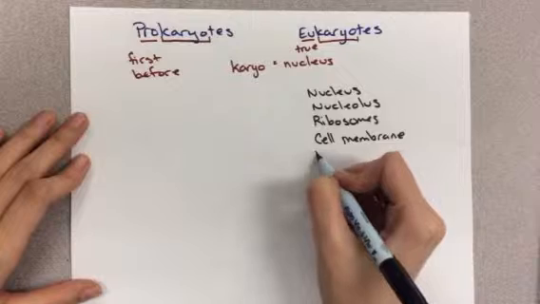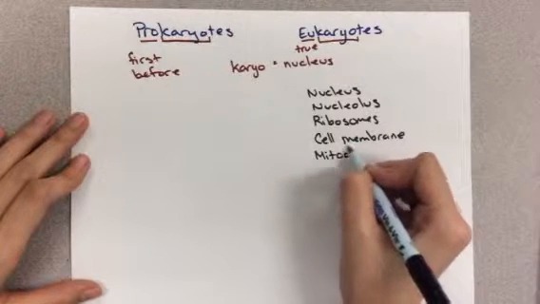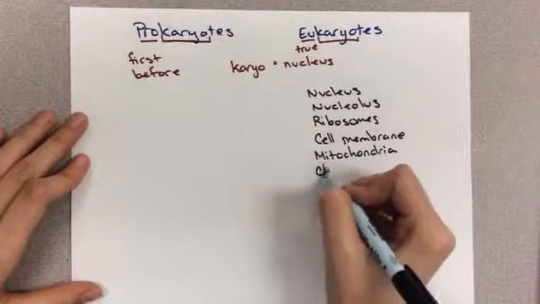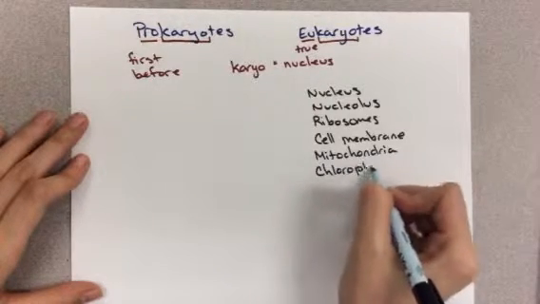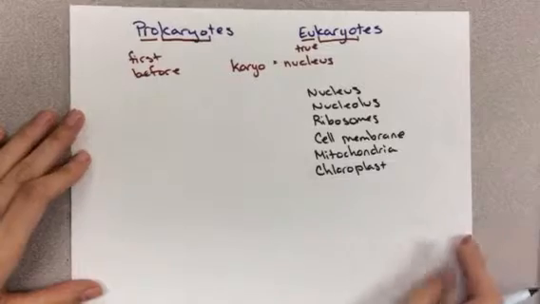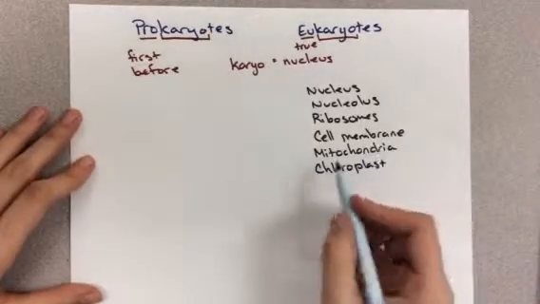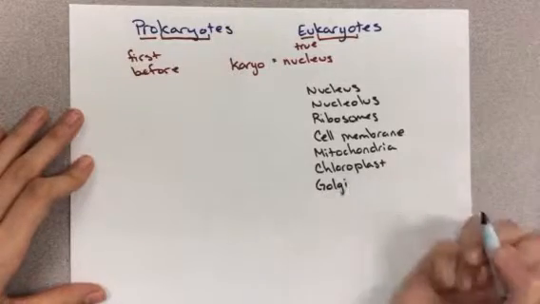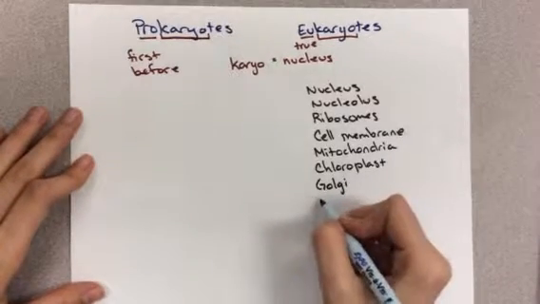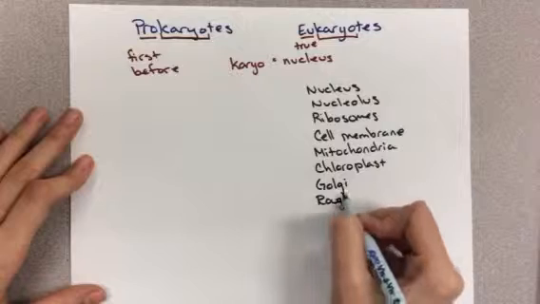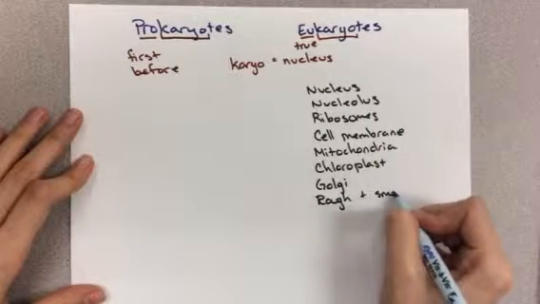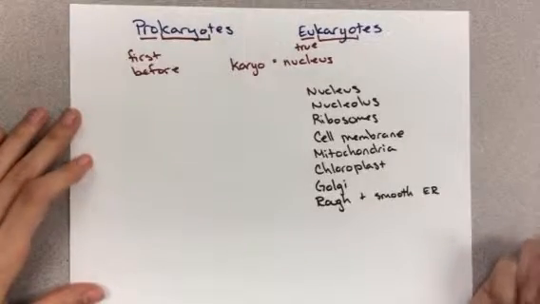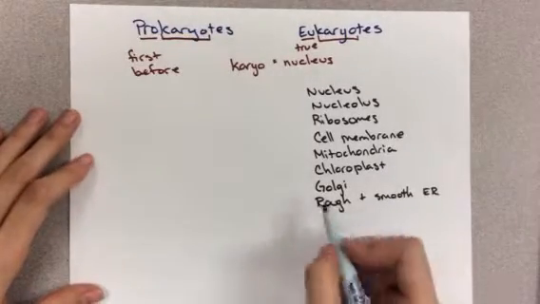We've got mighty mitochondria, making our energy. We've got chloroplast that do photosynthesis. We don't have chloroplast, but plants do. We've got Golgi, which packages different chemicals, but then we also have rough and smooth ER, or endoplasmic reticulum. So that was the transport organelle.